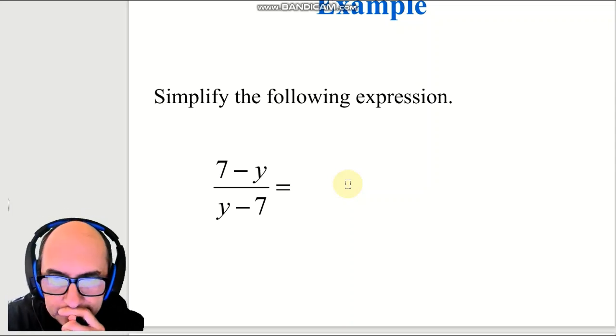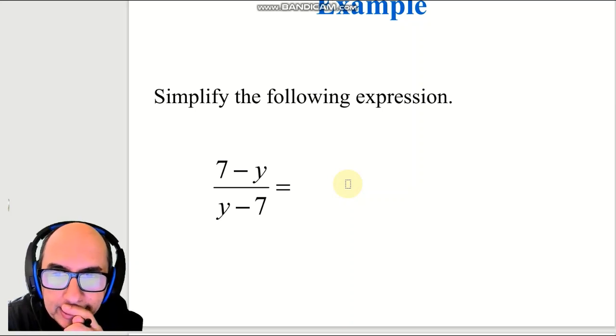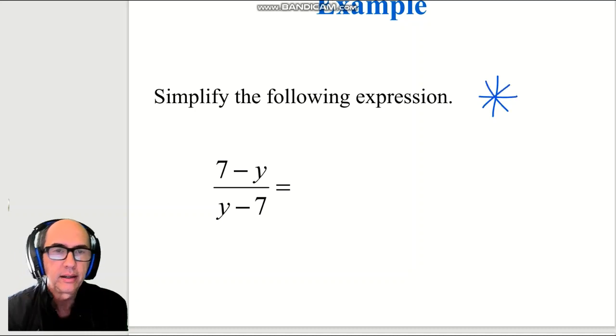And look at this expression now and think, because it looks tricky. How can we simplify the following expression? Let's also mark it with an asterisk, like a star, because we need to factor, but there's not much to factor.